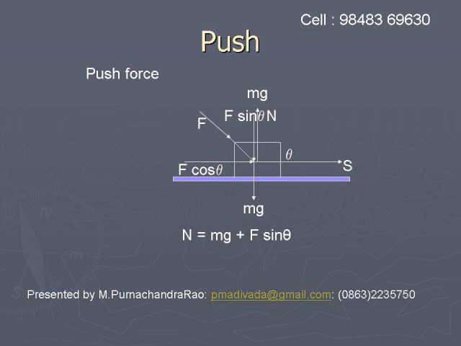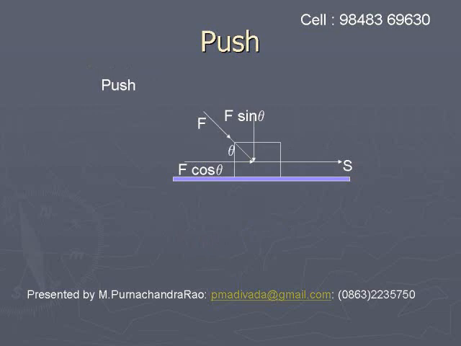Normal reaction in the case of a push. Suppose instead of a pull, a push force F is applied on the block. The horizontal component is of course F cos theta, but the vertical component is F sin theta in the downward direction.